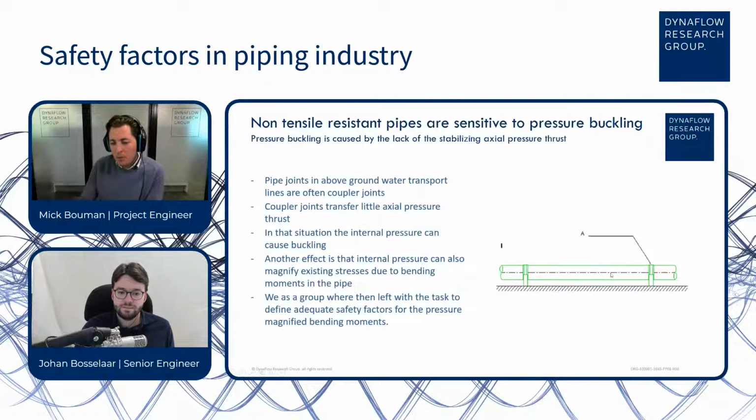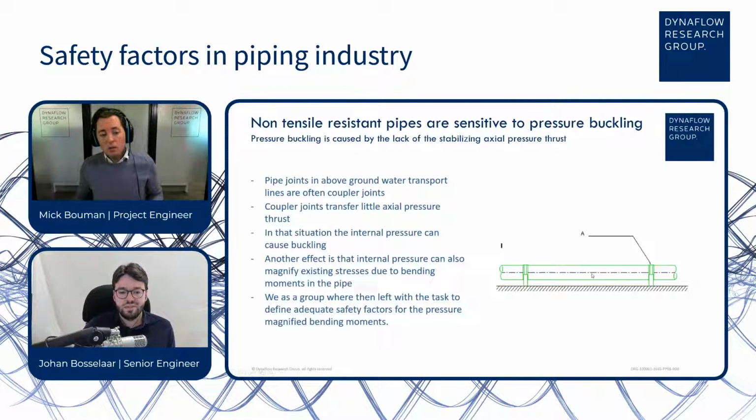In a normal pipe, there's always the axial load as well, and that's stabilizing. But in this case, that load is missing. That means that the initial bending moment stresses, or deformations, are magnified by the pressure. Oh, that's interesting.